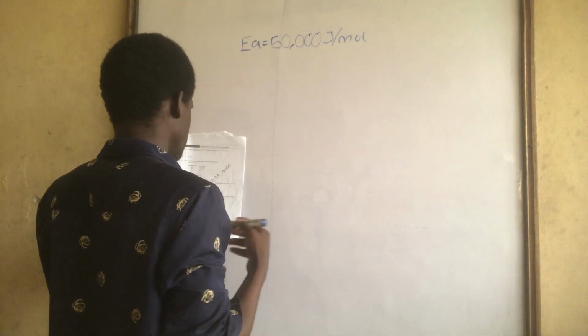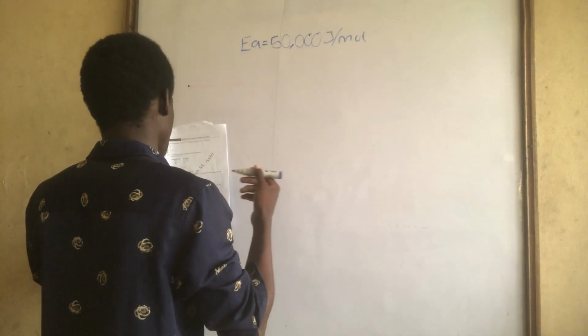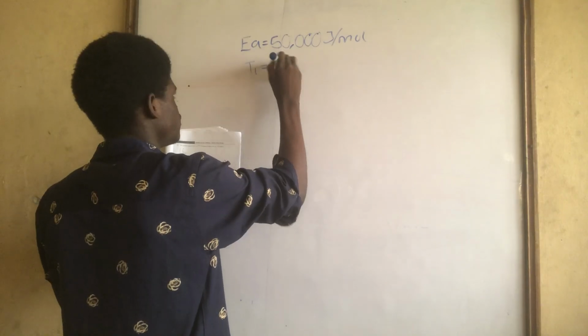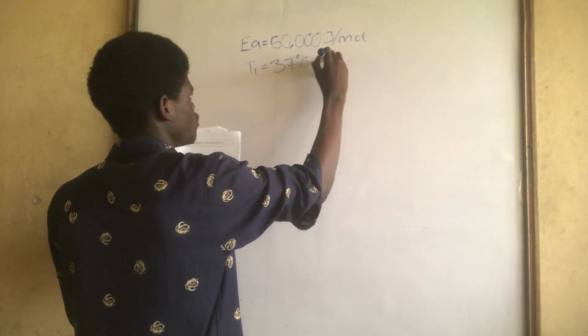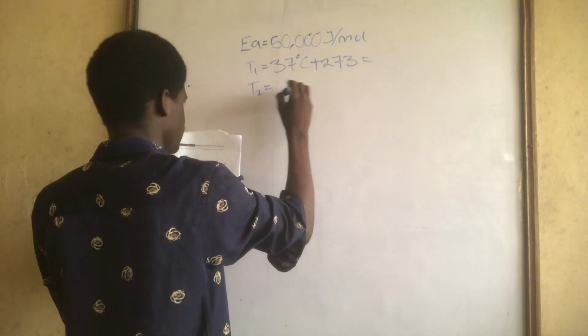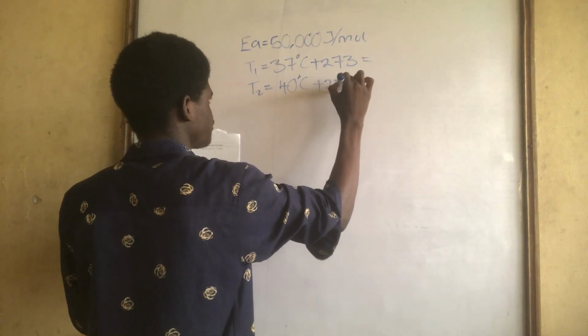By what factor, how many times will the rate of this reaction increase when body temperature increases from 37 degrees Celsius, that's T1? We have to put it in Kelvin. And T2 is 40 degrees Celsius. That's when it is at fever.